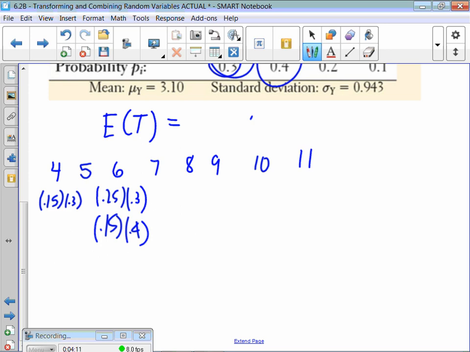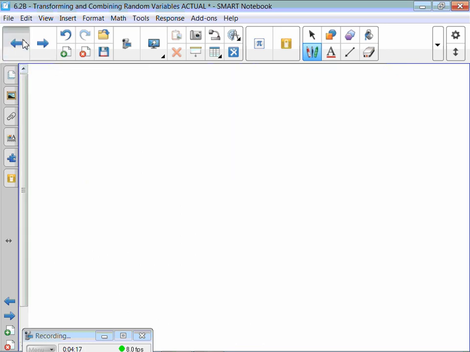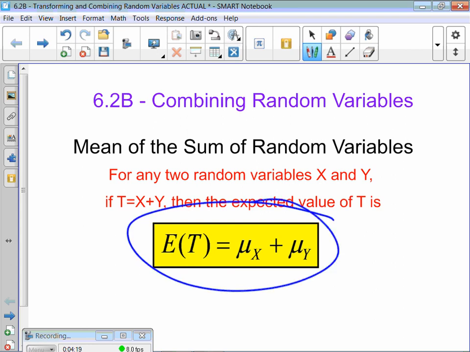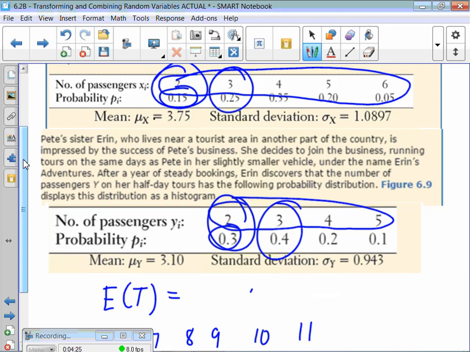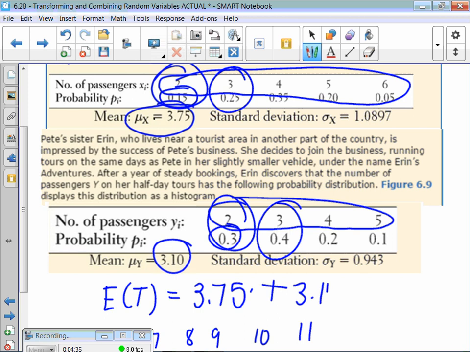Or we can do the super easy way, which would be to do what, you guys? What I wrote right here. Oh, let's just add the means. That's way easier, right? So instead of actually calculating it out with all the probabilities, they already found the mean of this guy, 3.75. And we're going to add it to the mean of this guy, 3.10.